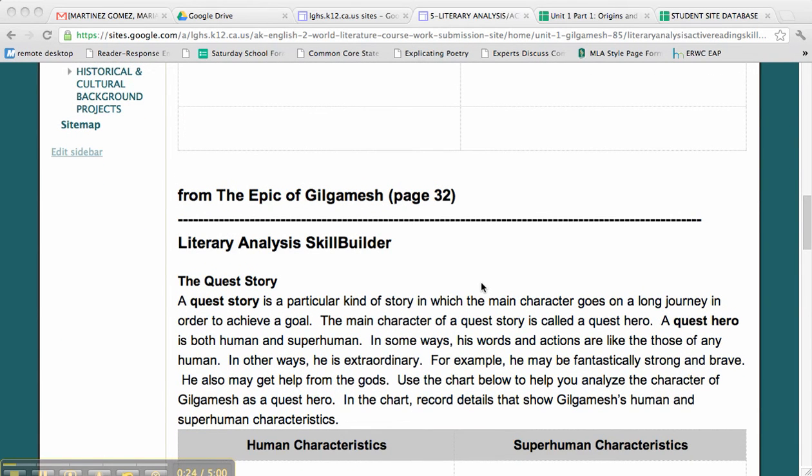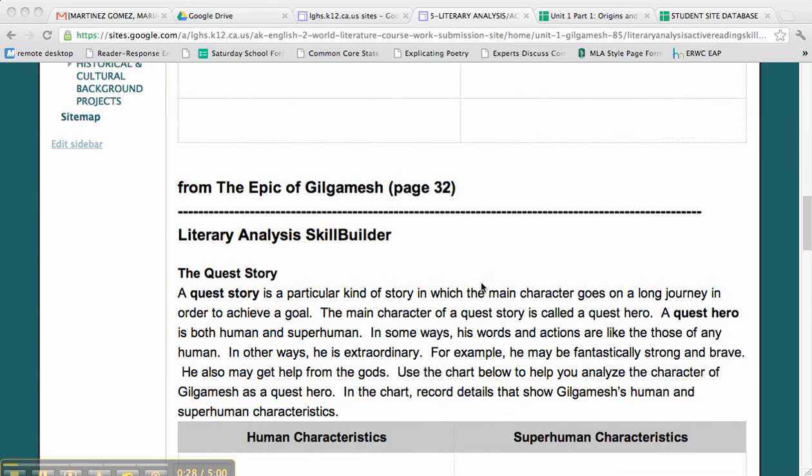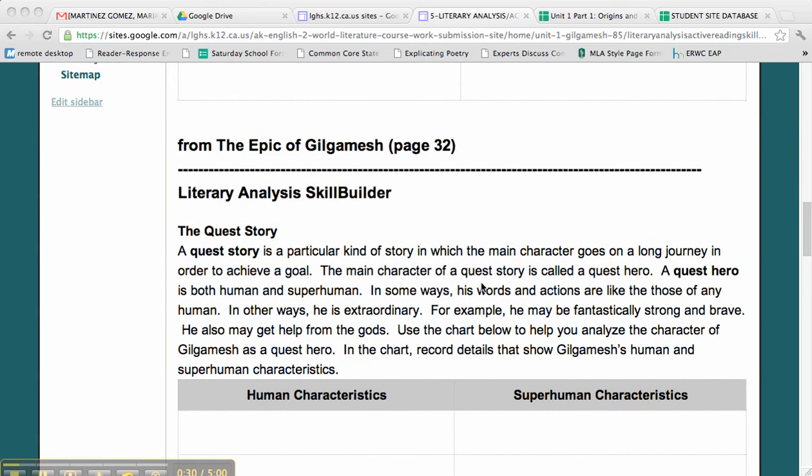not active reading or reading skill, but the literary analysis skill, which is understanding the quest story, and particularly understanding the quest hero. Now, as you know from the videos that we watched on Gilgamesh, a quest story is a story in which a hero goes on a journey in search of a valuable object or knowledge, and there are obstacles in his way that hinder him, but there are also people and things that help him.